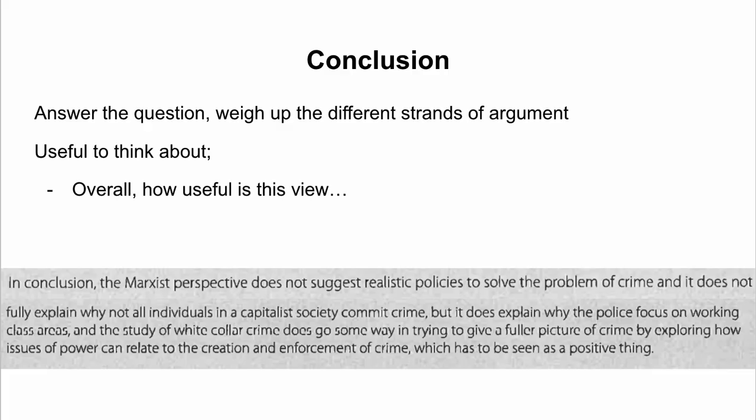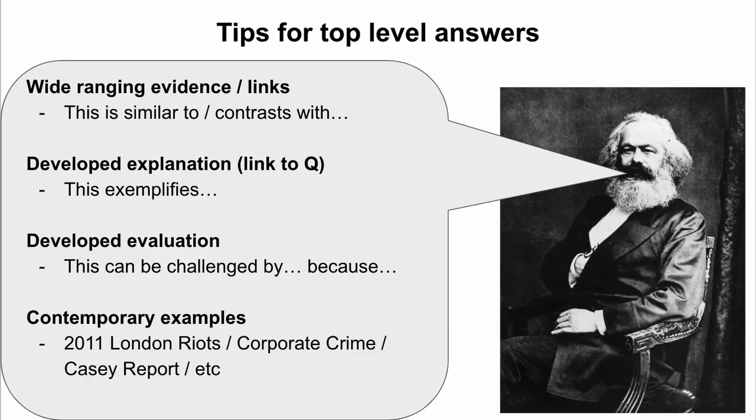Okay, so last but not least, we've got Karl Marx here discussing some tips for top level answers, how to get an A, how to get an A star in these answers. So really you need to get to the top level for the first assessment objectives. You need wide-ranging evidence, so links to other perspectives. If you're talking about Marxism, there's a link there to strain theory, isn't it?